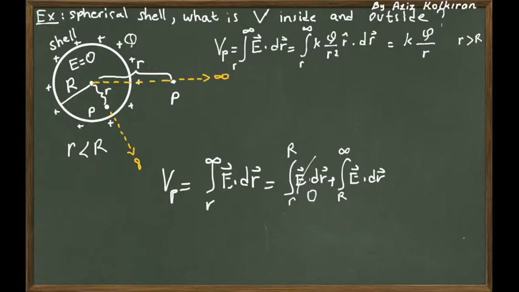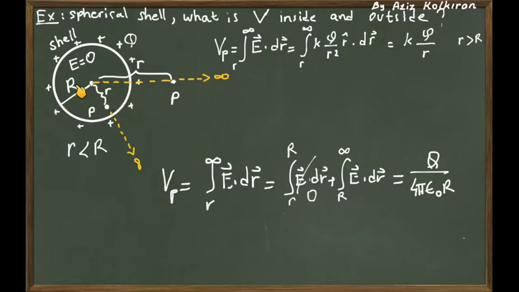So we are only left with the second integral, and this integral is again easy, just like this one. It is just k times, or 1 over 4 pi epsilon 0, q divided by the capital R. So this is true for every point inside the shell.